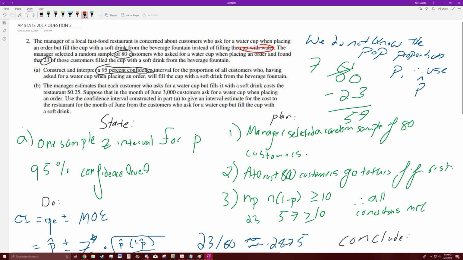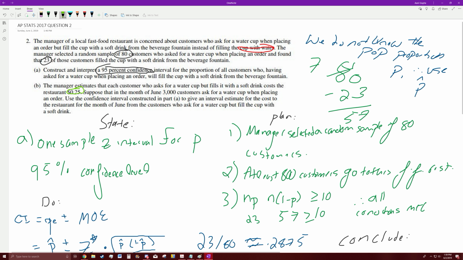Now let's look at part B. The manager estimates that each customer who asks for a water cup but fills it with a soft drink costs the restaurant $0.25. Suppose that in the month of June, 3,000 customers ask for a water cup when placing an order.